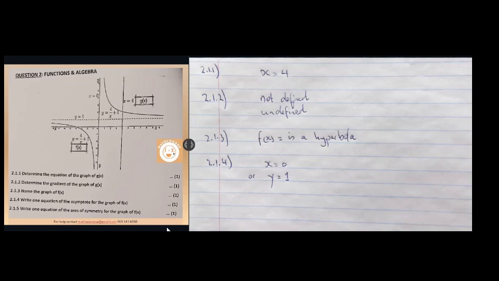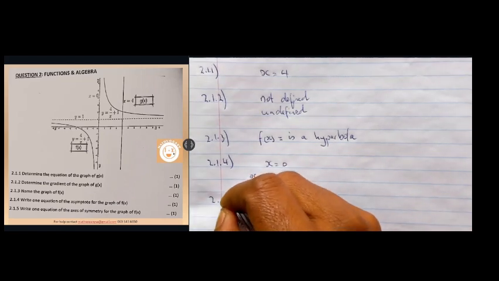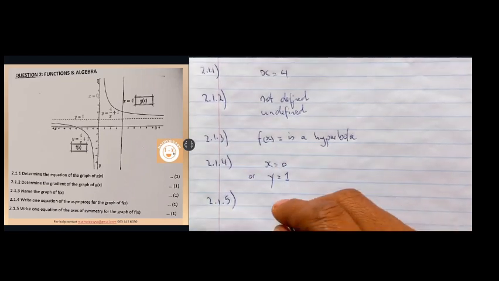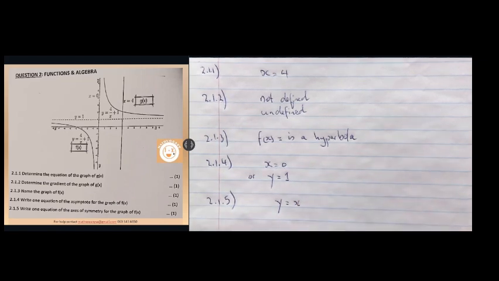So one equation. Oh, right. Now this is where you need to know your symmetry, your generic symmetry. Okay, yeah, I'll also talk about it. So here you can say y = x, but it has moved what now?